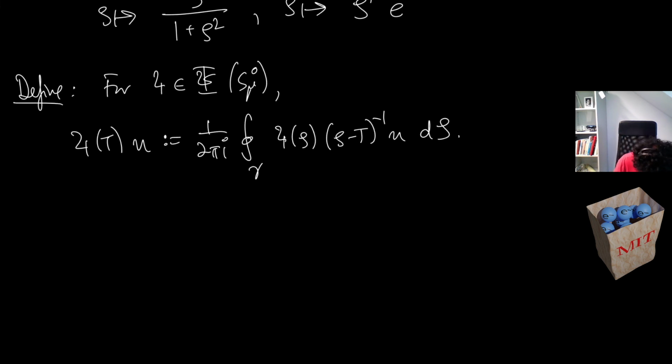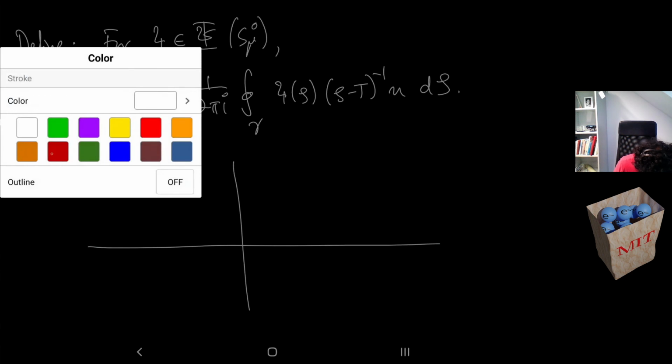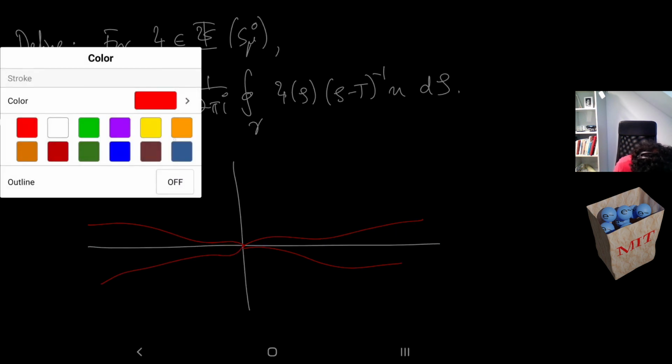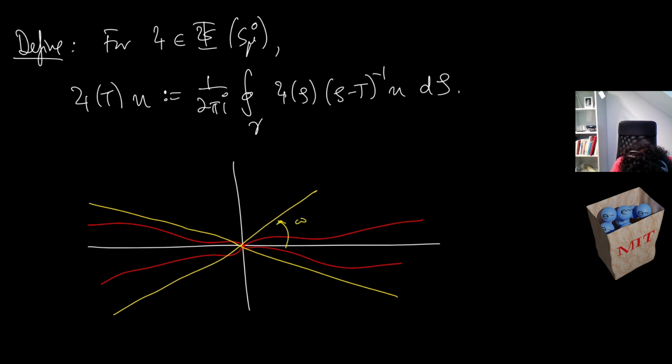So let me draw the picture again that I had before. Maybe I should just copy and paste it actually. So now I have the spectrum maybe here, and okay, so this is my S omega.